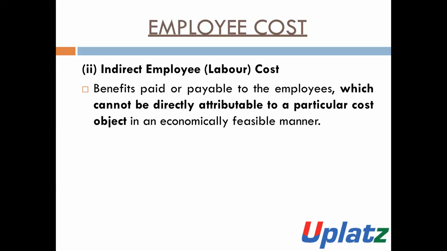The benefits which are paid or payable to the employee which are directly attributable to the particular product are known as direct employee cost, and the benefits which are not directly attributable to a particular cost object are known as indirect employee cost.